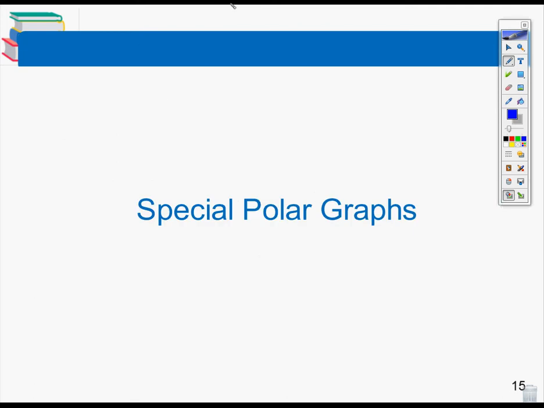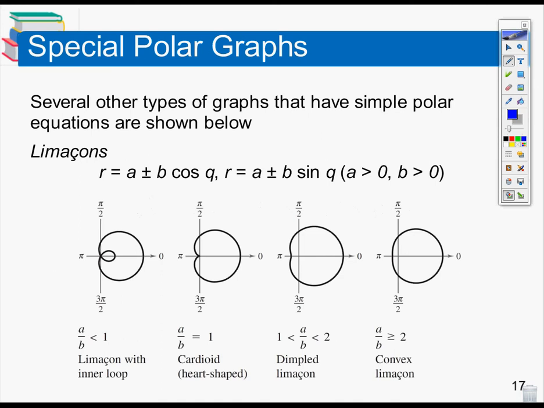So let's look at some of the more interesting ones. This particular kind, a limaçon, is given with this type of format right here. That one or this one. So we have a number, plus or minus, a number cosine theta.